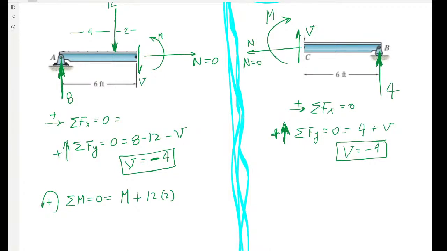And then this one, it is a minus 8 times a total of 6. So, excuse me.